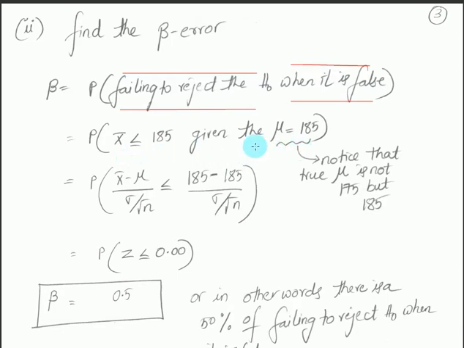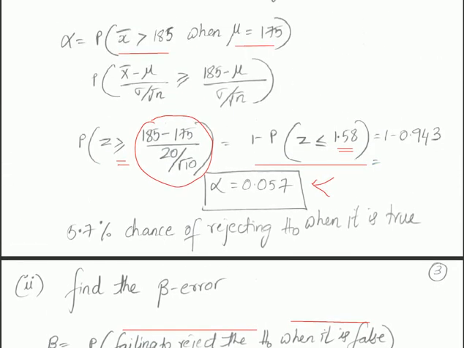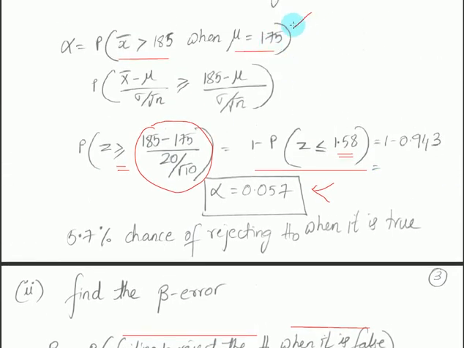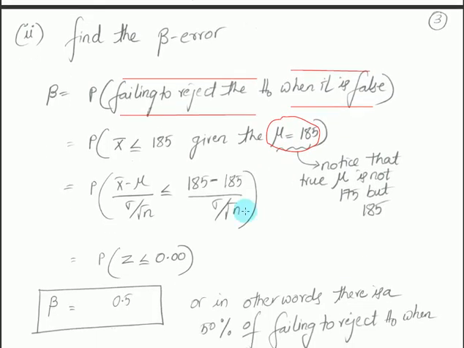And here we are also being given that mu is 185, not 175 anymore. If you remember, mu was 175 for the alpha error, but they have found that the true mean is in fact 185. That's the reason you have mu equals 185 in this case.